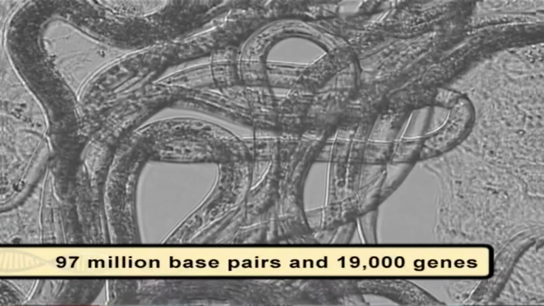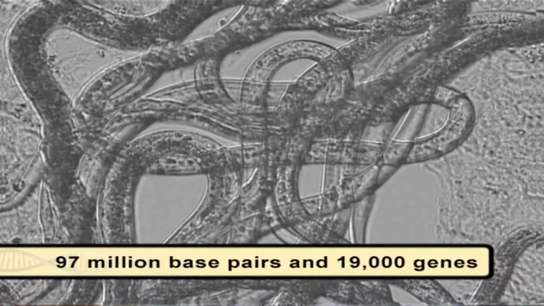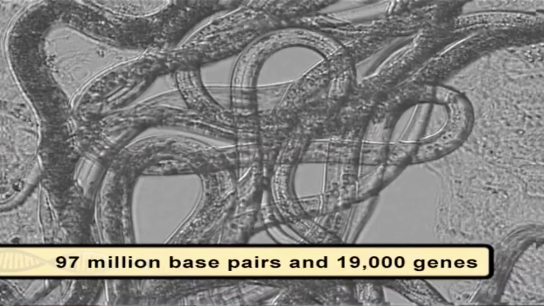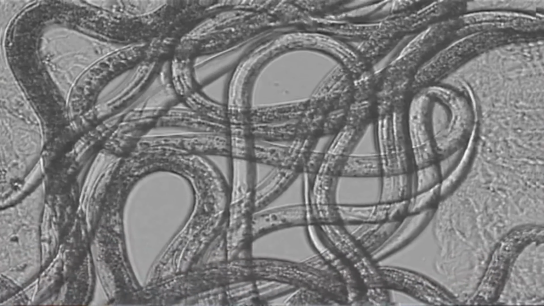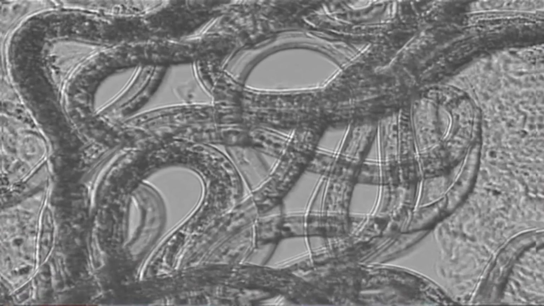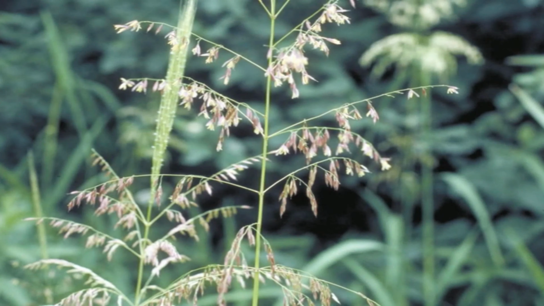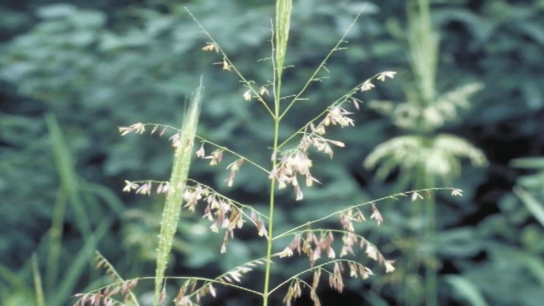This organism has 97 million base pairs in its genome. Now we're getting a little bigger. And 19,000 protein coding genes. And a lot of these genes are doing similar things to making a complex body with organ systems like we have. A model organism which led to genome sequencing of rice, a very important plant genome.